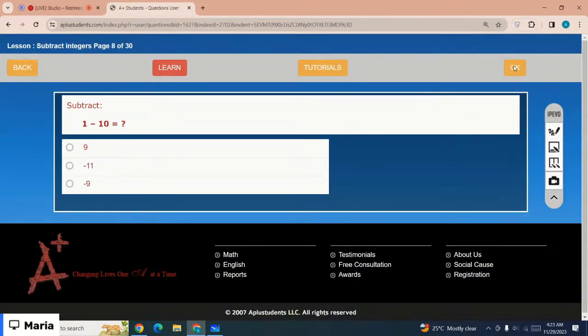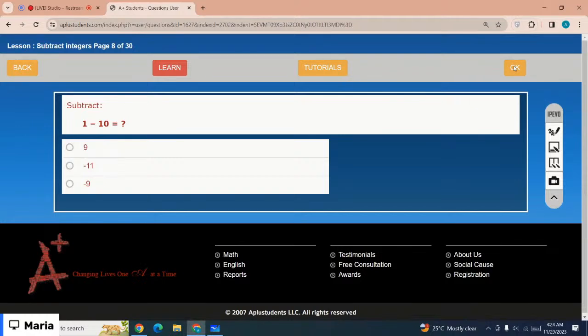1 minus 10, which is the correct option? Negative 11.